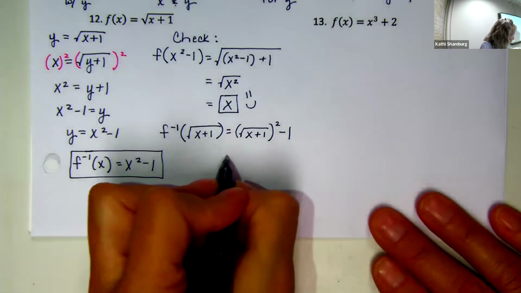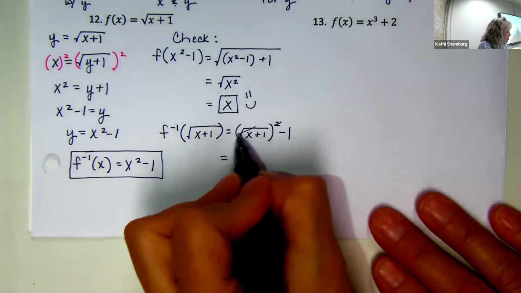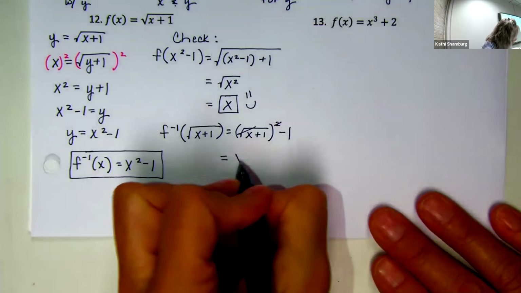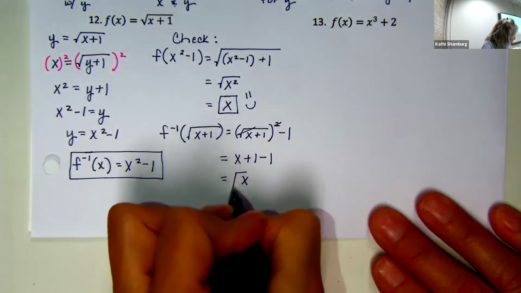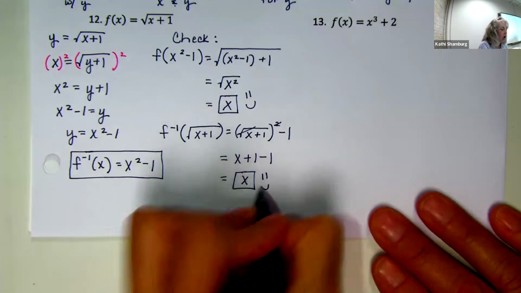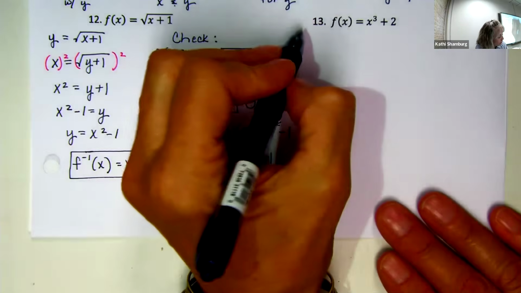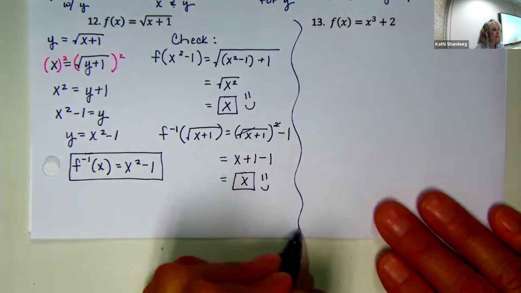And I'm going to simplify. This squared cancels out that radical, so you're left with X plus 1 minus 1, and you're left with X. So you can always check your work. We're not going to on the next one, but I just wanted to remind you of that.